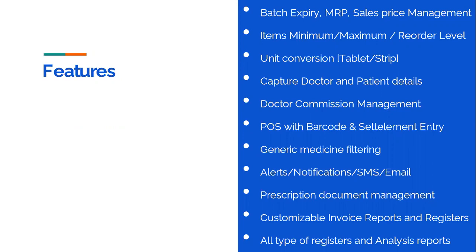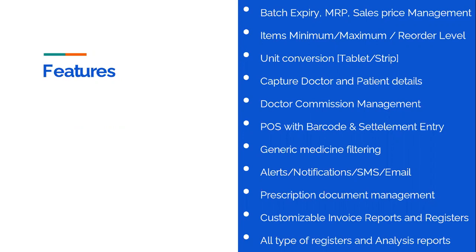For example, the patient asks the shopkeeper for Cipla medicine, but the shopkeeper says the same generic medicine is available from another manufacturer, for example Sun Pharma. The generic will be the same, but the manufacturer will be different. On that basis, the Busy operator can easily come to know what generic medicines are available in their shop using this filtering option.